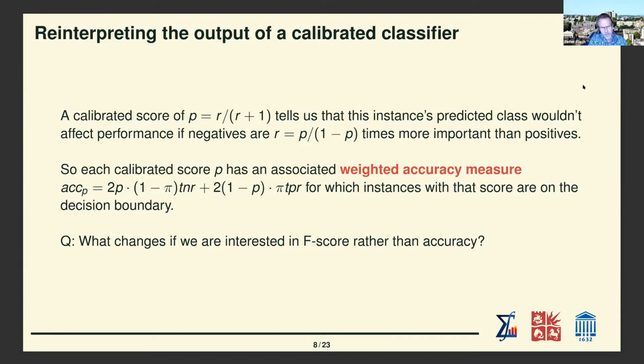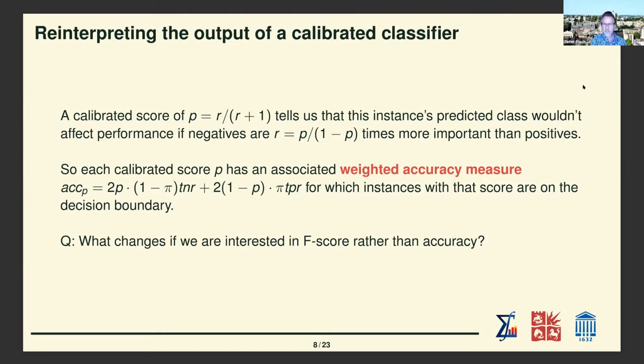A different way of saying this is that each calibrated score P has an associated weighted accuracy measure, which is written there. And if I was interested in that performance metric, then my instance would be on the decision boundary. So the instance gets a calibrated score, and the calibrated score goes as a weight into the accuracy measure.